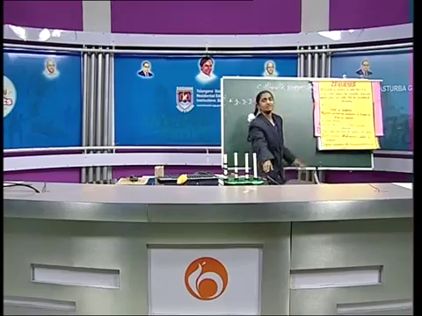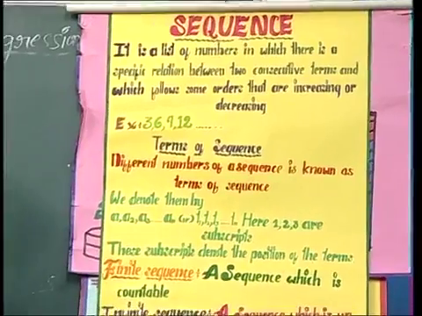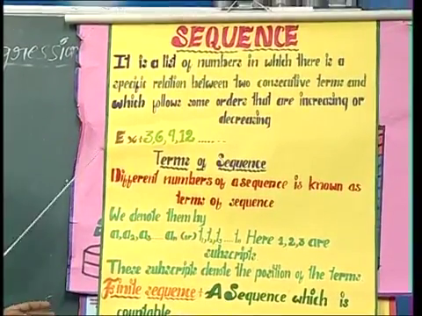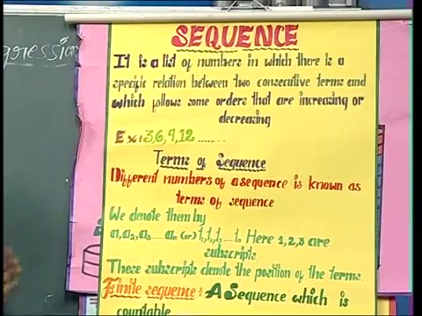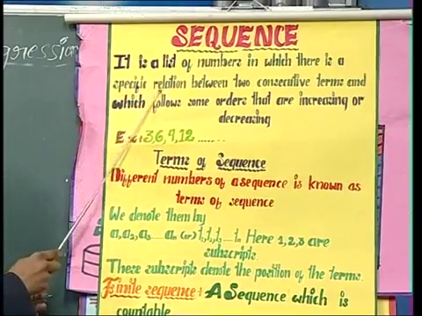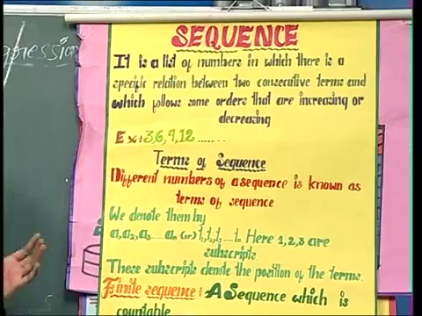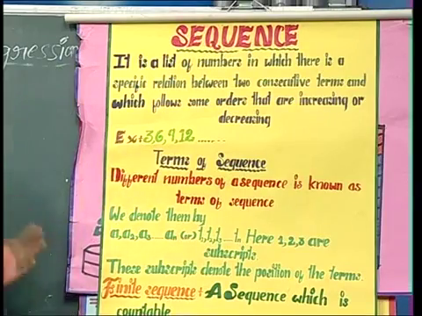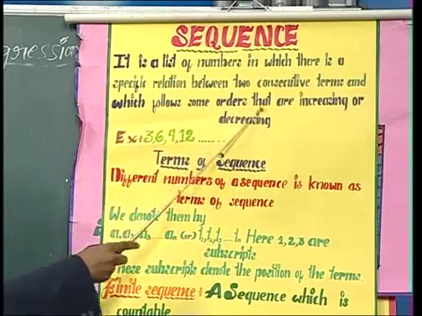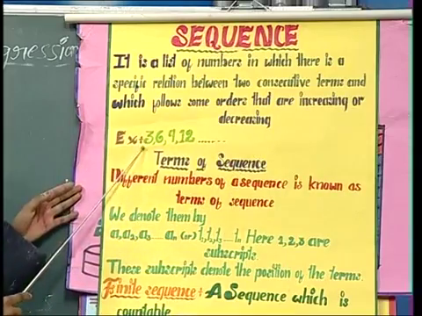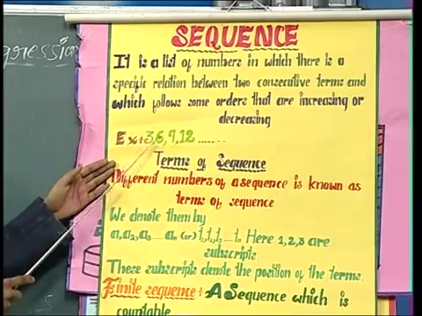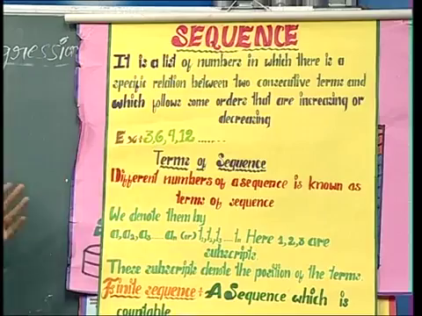In this session we saw what a sequence is. A sequence is a list of numbers in which there is a specific relation between two consecutive terms, and which follows some order, that is increasing or decreasing. Here you can see there is a difference of 3, and 6 is obtained by adding 3 to the preceding term.